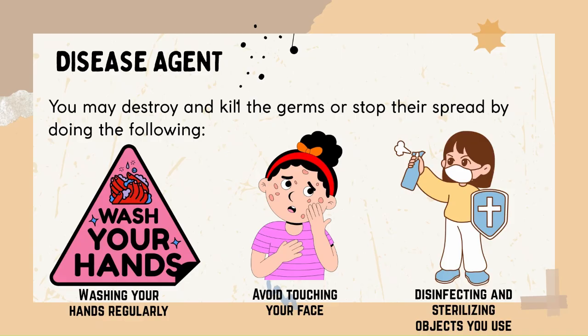Two, avoid touching your face, especially your mouth, nose, and eyes. Three, disinfect and sterilize objects we use like tablets, doorknobs, and gadgets, because these are the things that we usually hold. So when we do this, we kill or remove the germs before they enter our body.